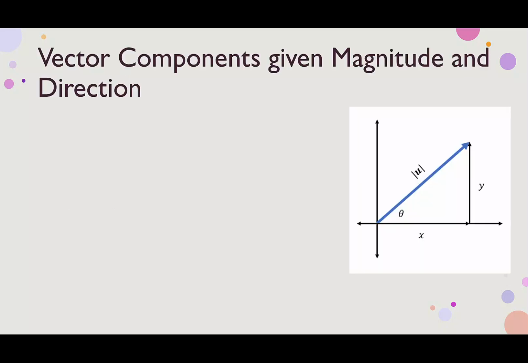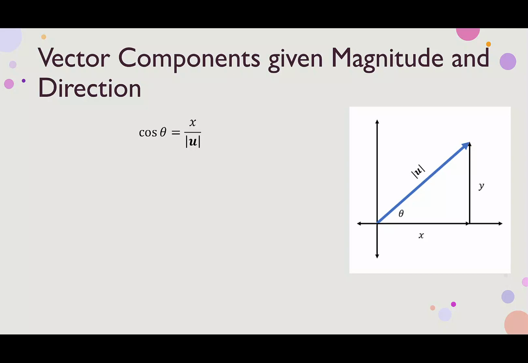We can use the idea of vector components when we are given the magnitude and direction of a vector and we don't have the individual components. If I look at a vector u and only take into consideration the magnitude, then I would see that it's composed of an x value and a y value. To get the values, I need to incorporate the angle theta. We know that cosine of theta would be equal to x over the magnitude of u.